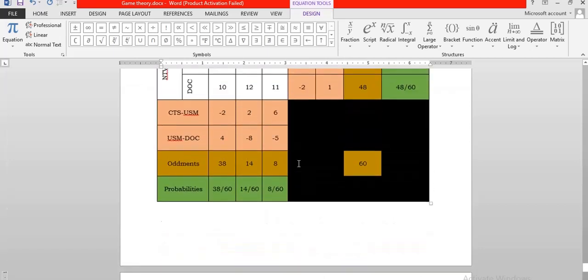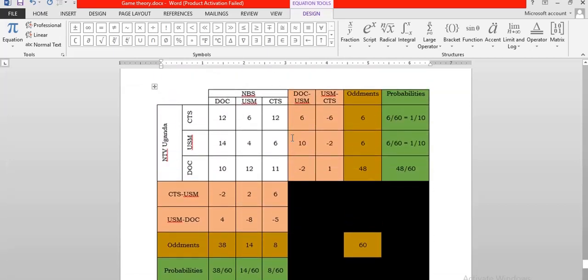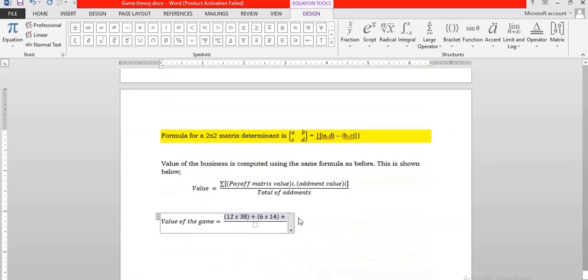Next we have 12 times 8. Then everything is divided by what? The total oddments, which is 60.